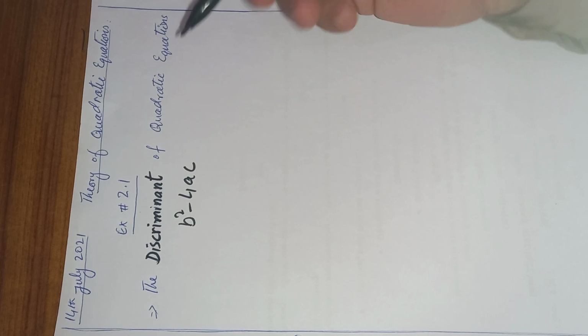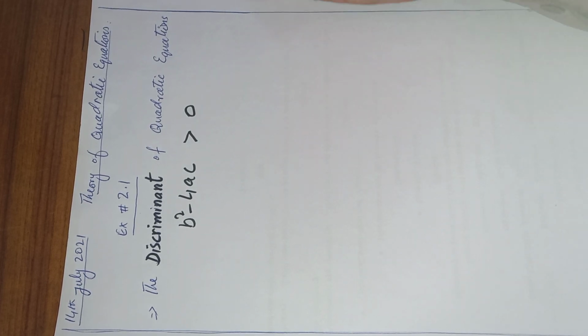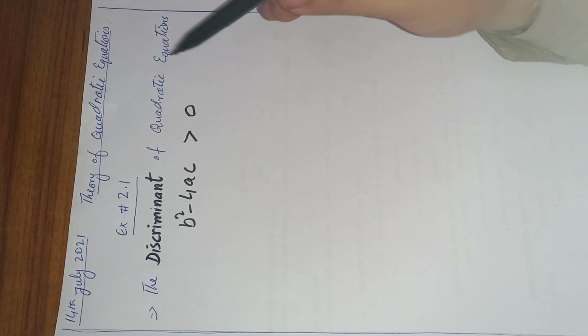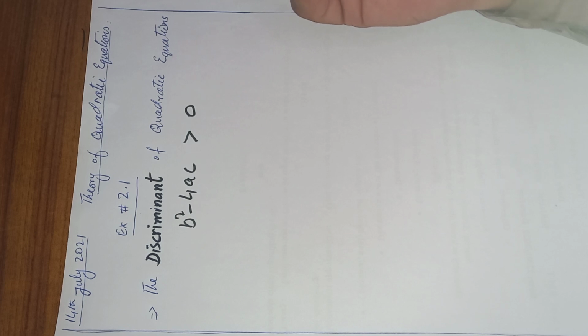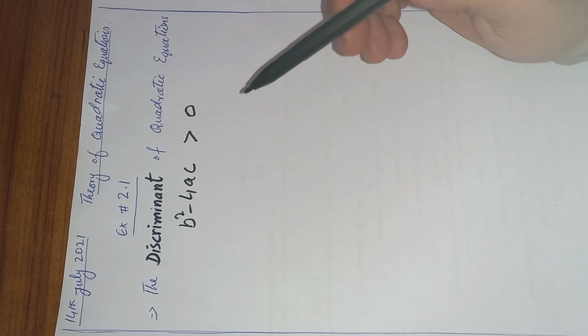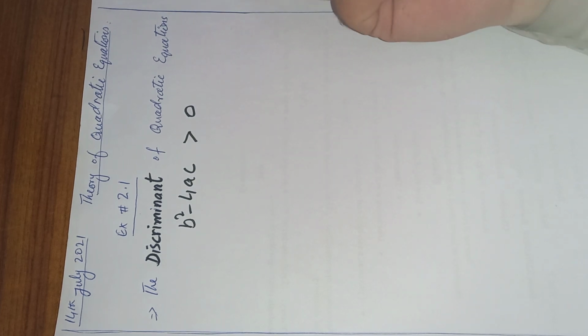In case the discriminant is greater than 0, then what kind of roots will there be? The roots will be unequal and real. And the roots can be rational if this thing is a perfect square.